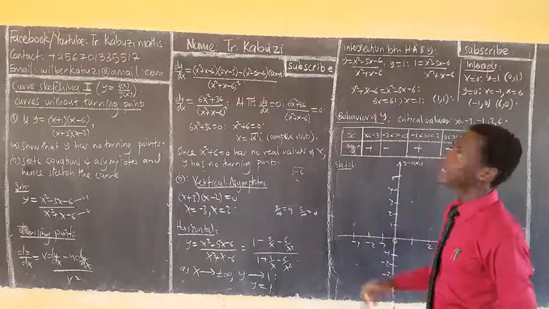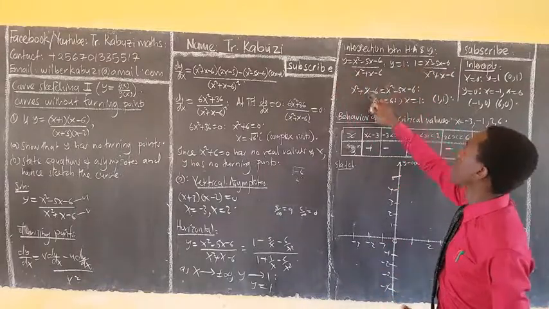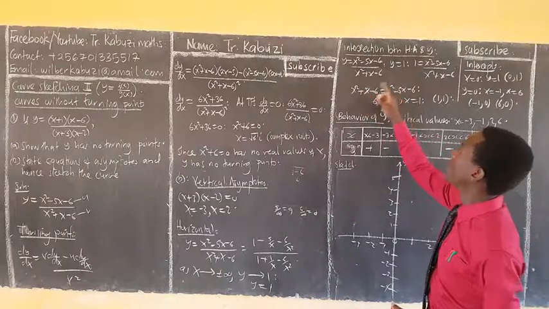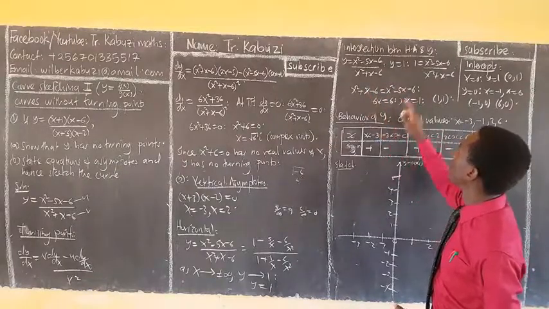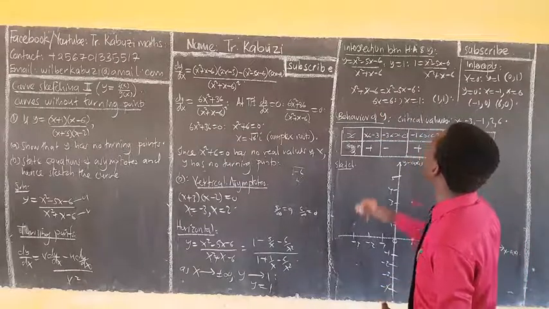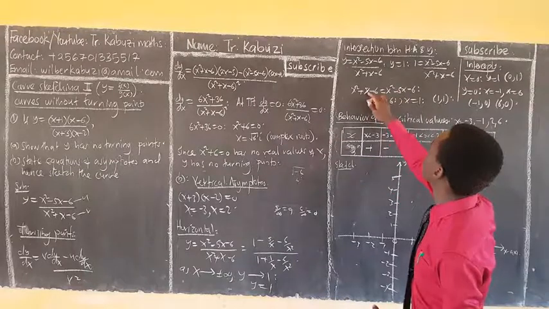For them to intersect, the y value should be the same. If I put y here and simplify, this x cancels, and on this side I have 6x equaling 2, and on this side this will give me 6x.